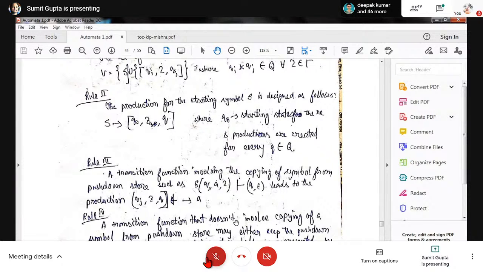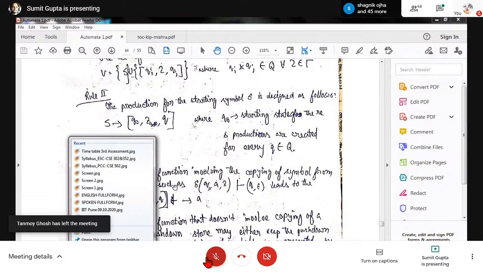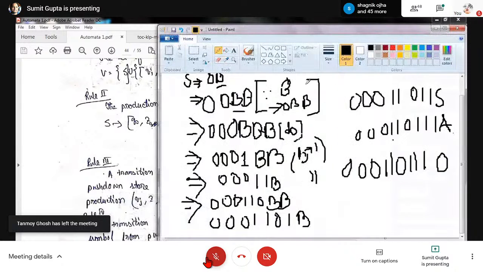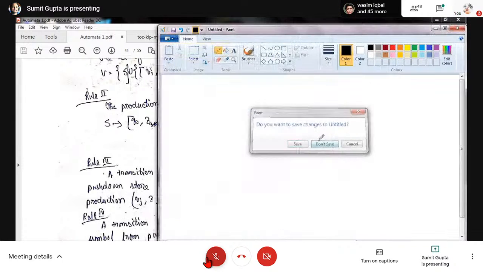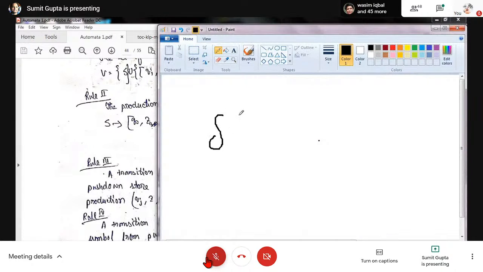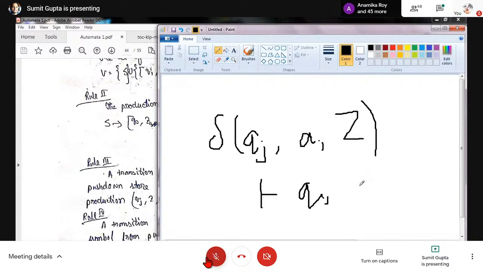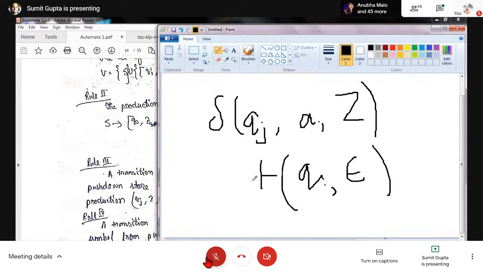Suppose we have delta of Qj, a, capital Z, and if this was the delta transition, it would generate Q. So these kinds of transitions will be leading me into a production of this form.